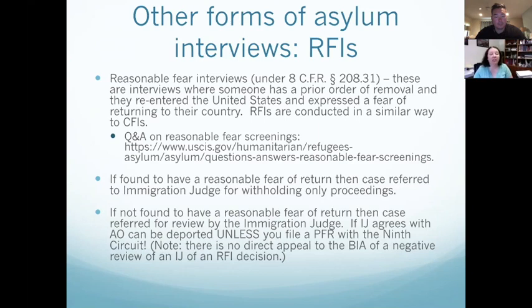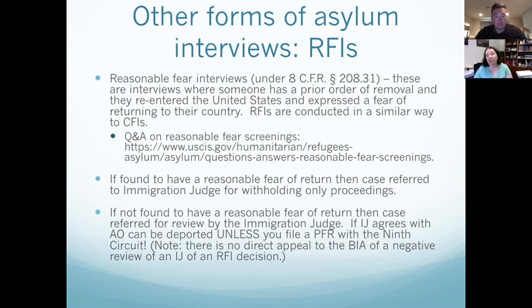Because they have this prior order of removal, they're actually not eligible for asylum. They are only eligible for withholding of removal, which is a lesser form of relief. But instead of doing a credible fear interview for these people, they do a reasonable fear interview.